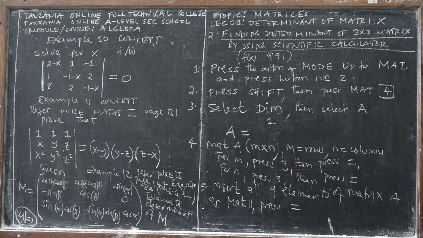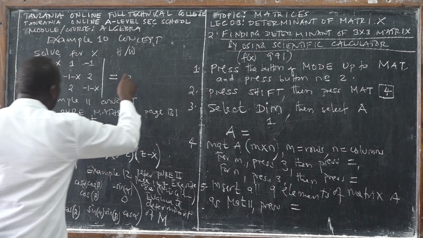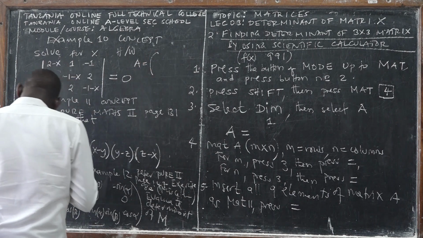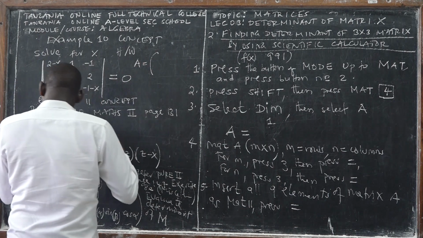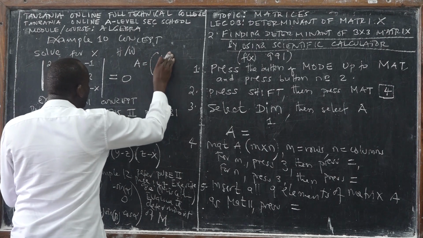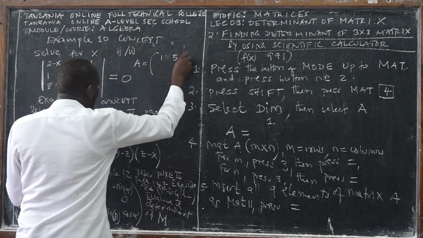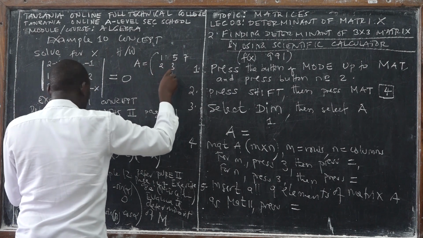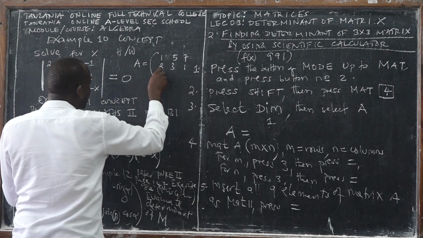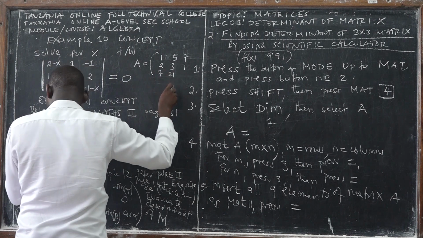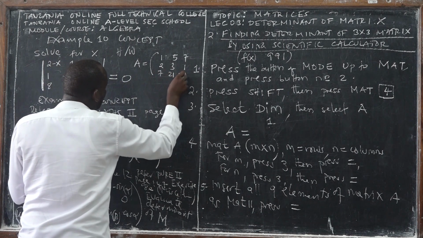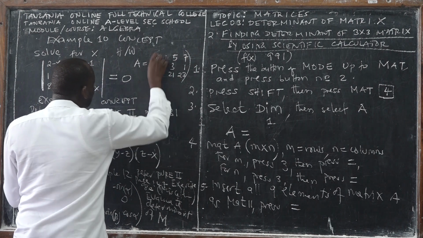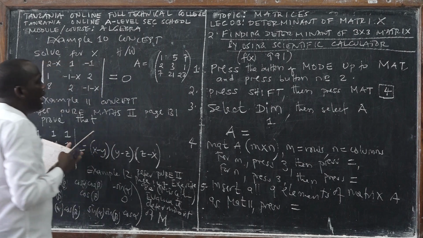Now let us find the determinant of our matrix A, where the elements are 1, 5, 1, 5, 7, and then 2, 3, then 1, then 7, 21, then 23.